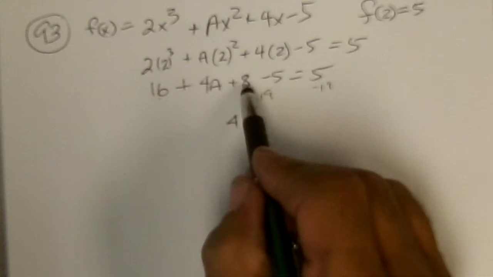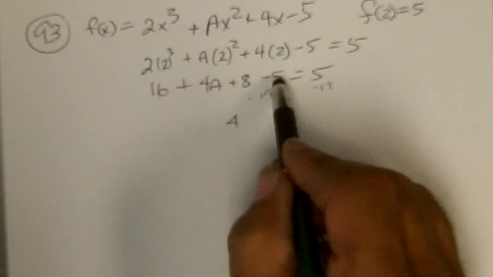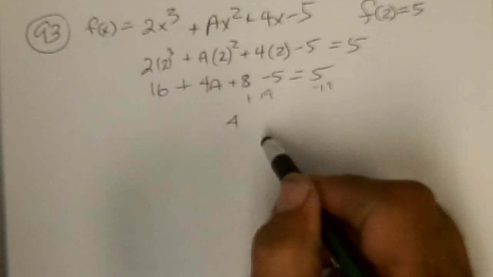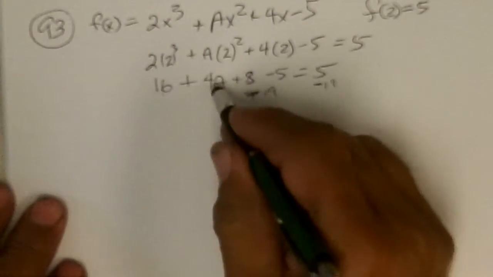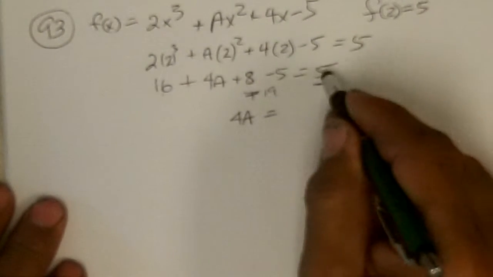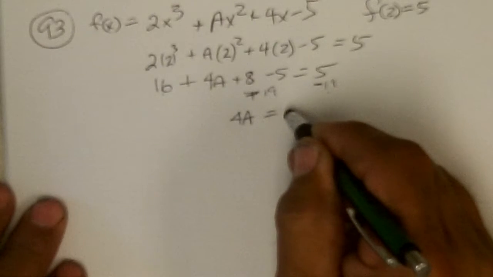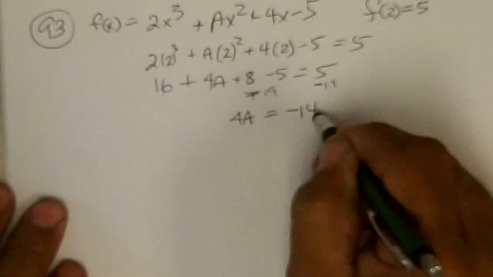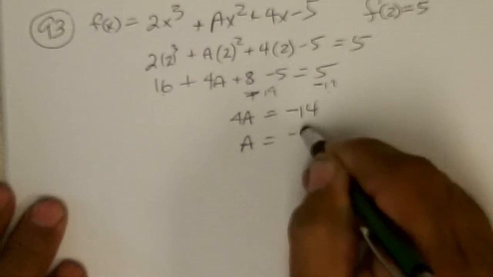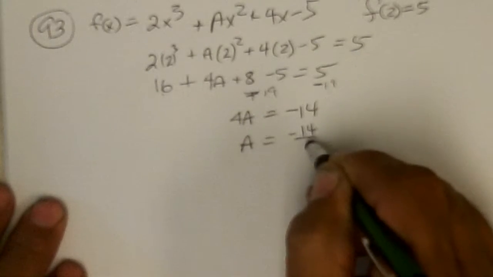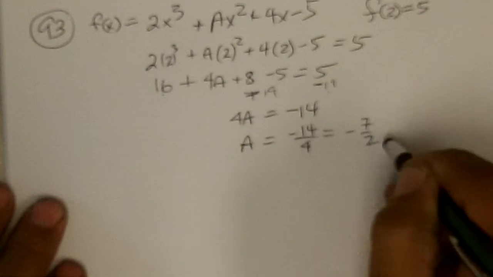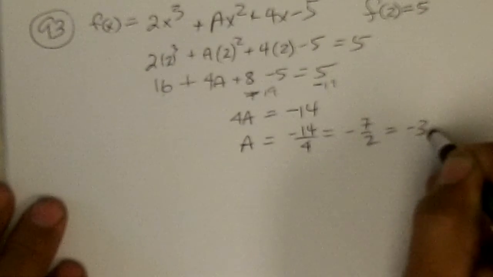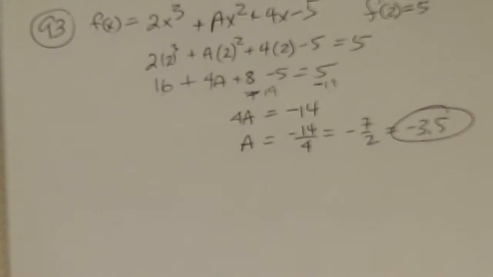Subtract 19 from both sides, make sure I'm doing this right. So I get 4a equals negative 14, so a equals negative 14 over 4, or negative 7 halves, or negative 3.5. That's what they want you to do on 93.